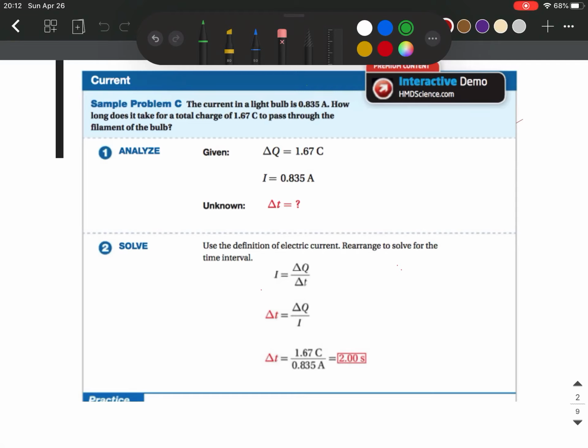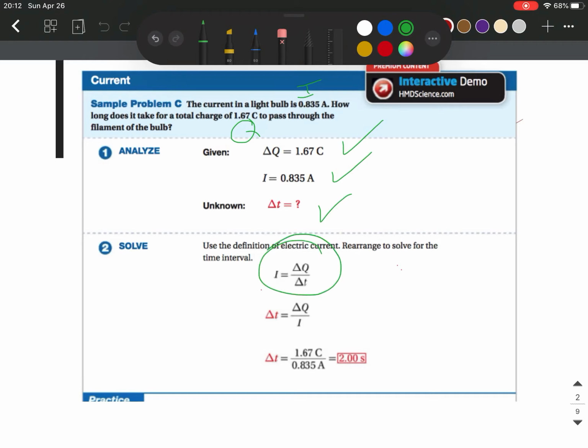Don't forget, we're using the letter I for electrical current, which is weird. They don't use C because C is the unit for charge, which is Q, which is really confusing, but that's the way it is. So current is going to be I. How long does it take for the total charge, charge is Q, to pass through the filament of the bulb? So they're giving me the charge, they're giving me the current, and they want me to figure out the time.